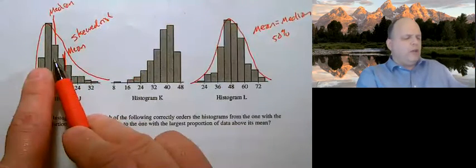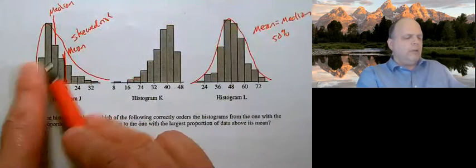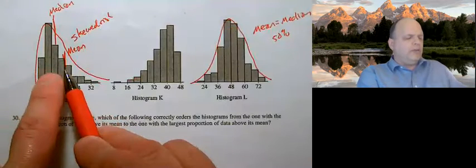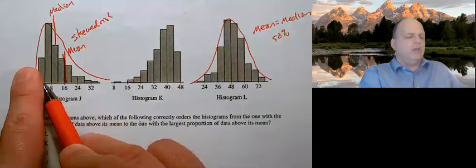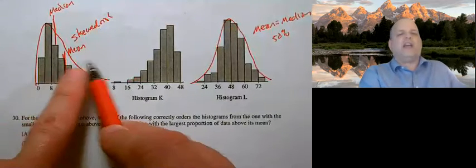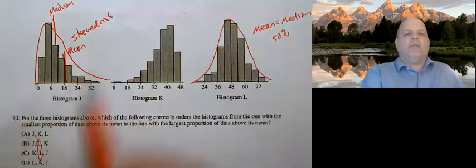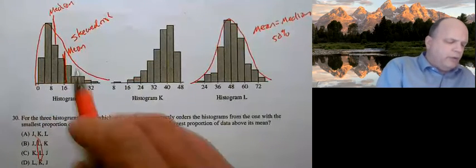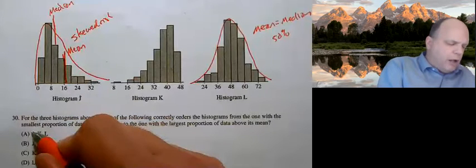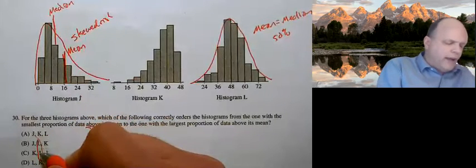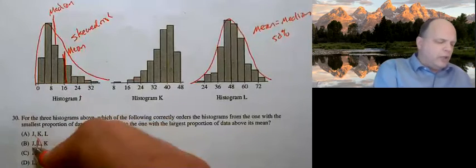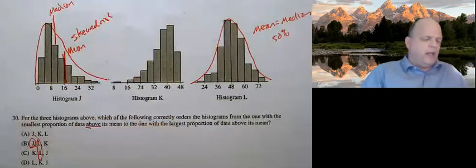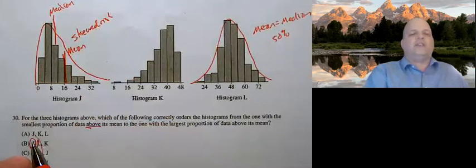Well, half the values are below the median. So that means more than half the values are below the mean, which means less than half are above the mean. So this is going to have less than half above. So J is going to have the smallest proportion above with less than half. Well, that means we're looking at this answer, but let's check out K, because J needs to be first because this has less than half.